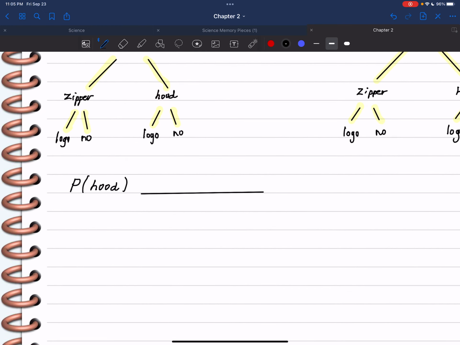Remember, the bottom is total outcomes, and we just found that. That's 8 possible outcomes. So we know that's going to be 8. And then whatever's in these parentheses will go up here. So how many of the sweatshirts have a hood?